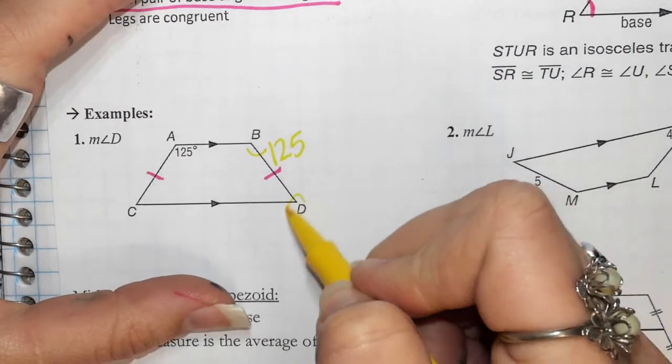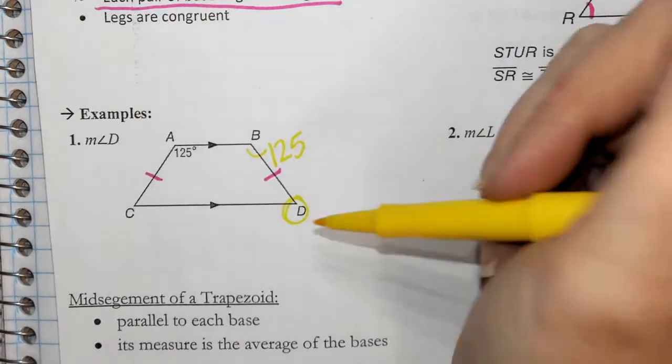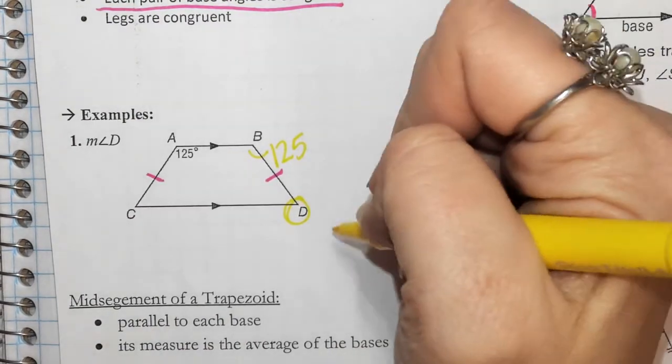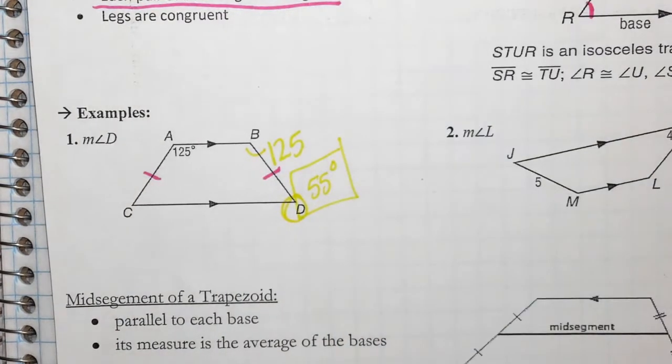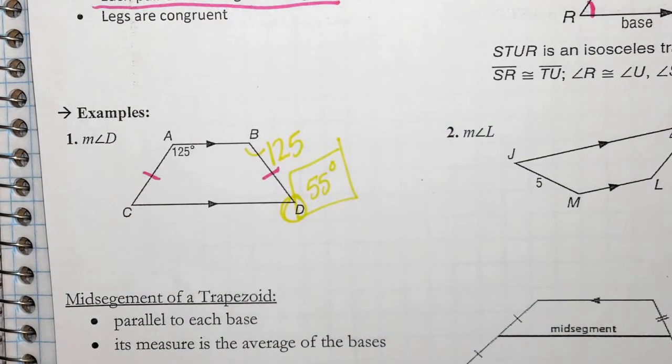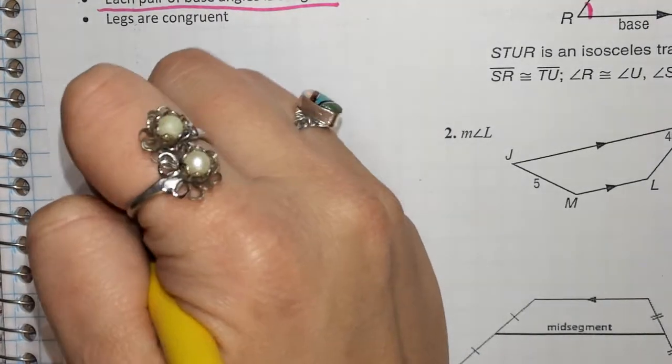So how could we find the measure of angle D? 180. Guys, you finally get to use 180. 180 minus 125 is 55. 55 degrees. You should only use it on angles. And C is 55. That's it. That's all you gotta do.